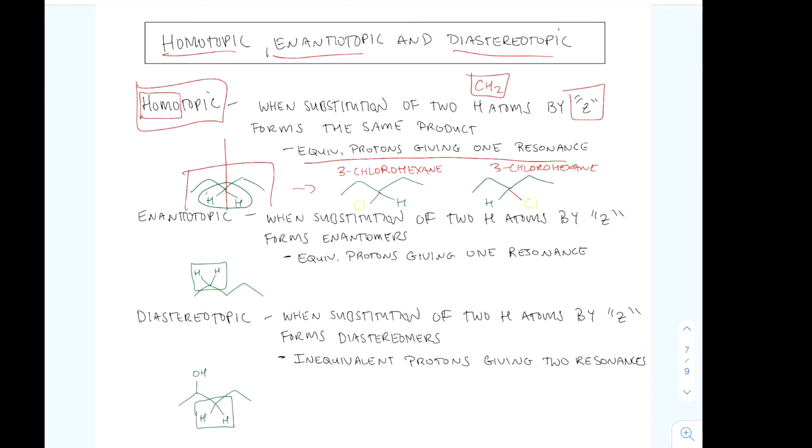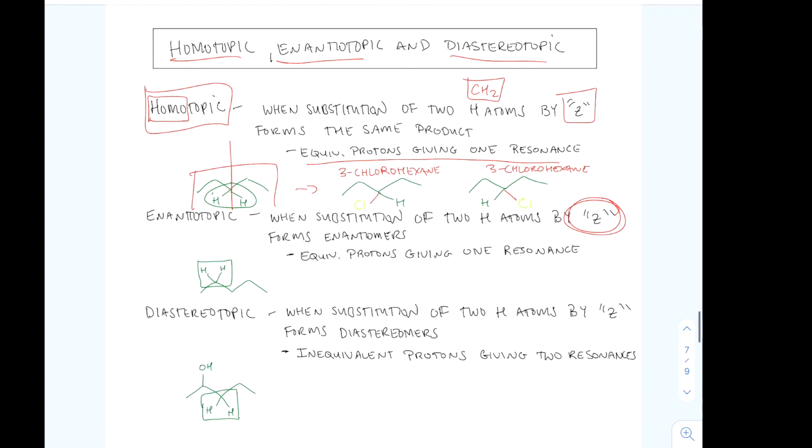Enantiotopic protons are, again, when you substitute two hydrogen atoms by Z and you form enantiomers. If they are in fact forming enantiomers, equivalent protons giving one resonance is what we get. Remember, one resonance means one signal. Just to remind you, an enantiomer is a type of stereoisomer, and it is when you have a carbon with 4 different groups on it.